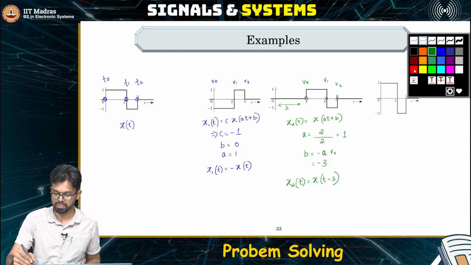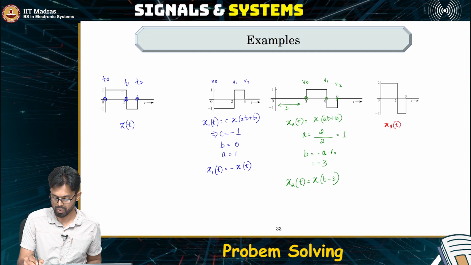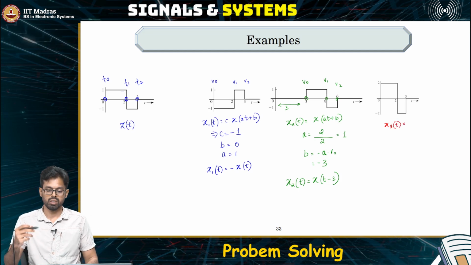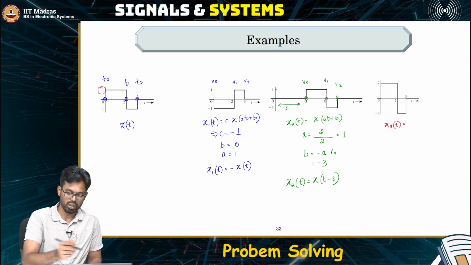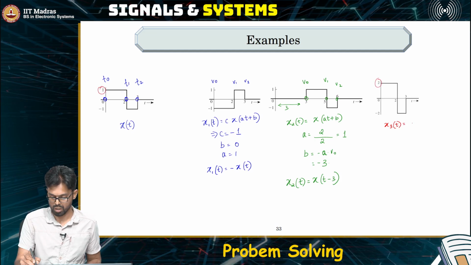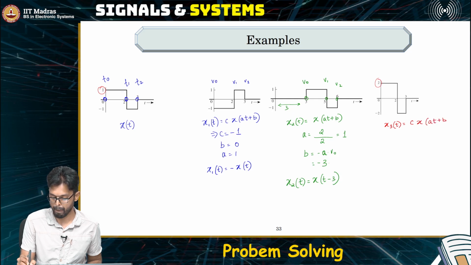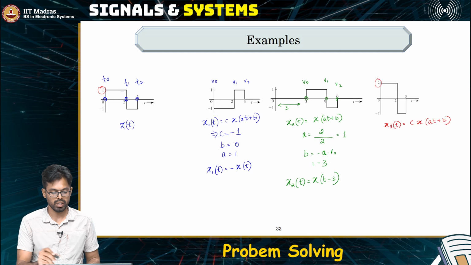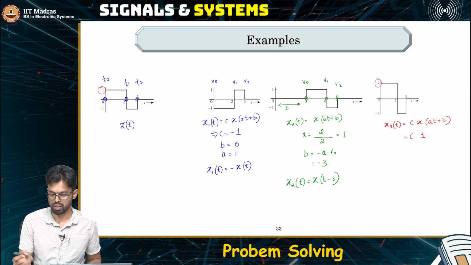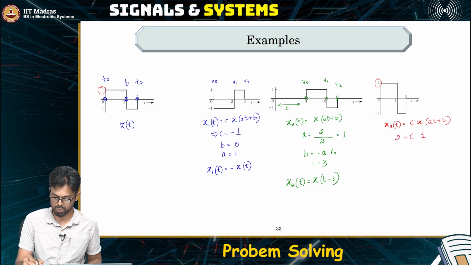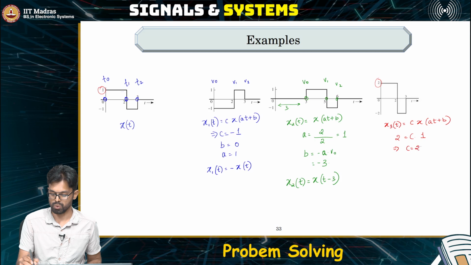Now let's see the final signal x3 of t. Now there is a scale of amplitude. Here it was 1, but you can see that it's 2 here. So there is clearly a constant. What is c? Whatever was 1 before manipulation has become 2, which automatically tells us that c is 2.